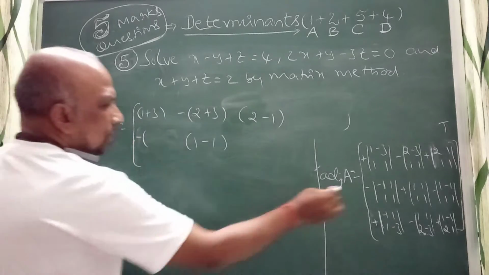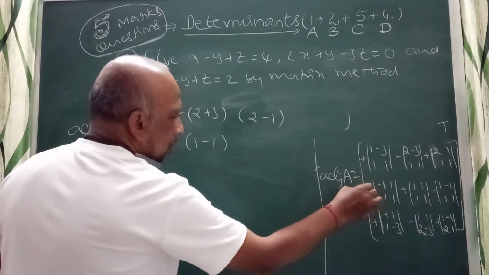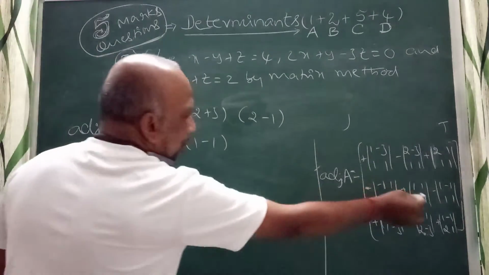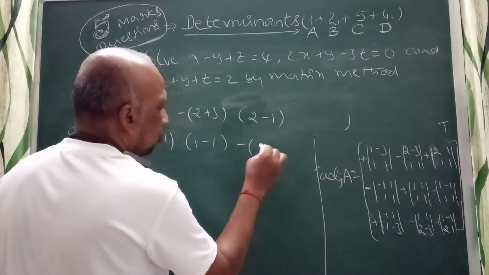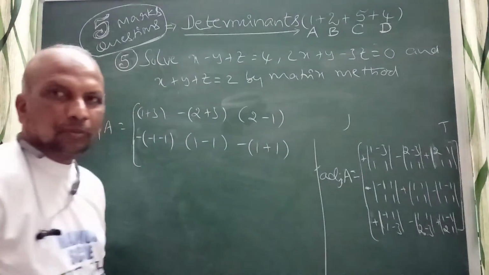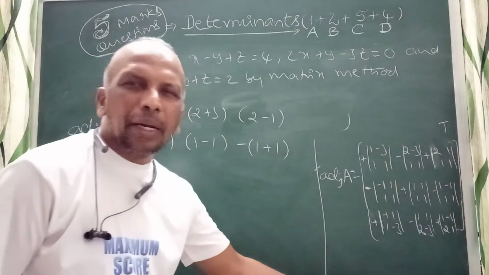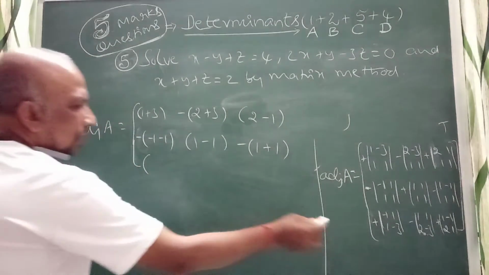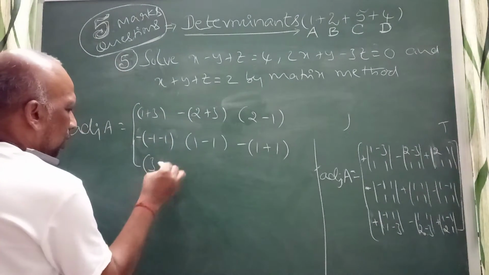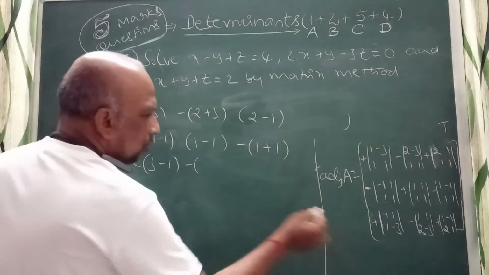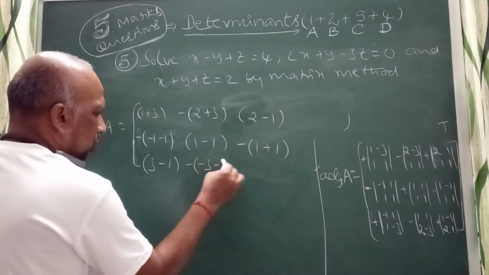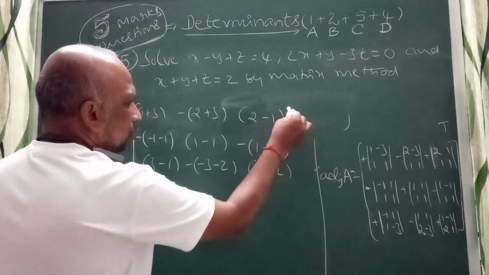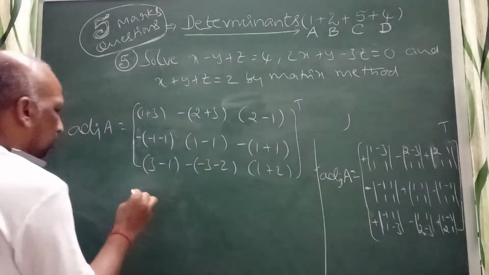Be careful with the symbols: this is minus of minus 1 minus 1. This is 1 minus 1, minus of 1 plus 1, correct. Now you can check this one, plus of, I can write 3 minus 1, minus of minus 3 minus 2, and the last one 1 plus 2, transpose of this.